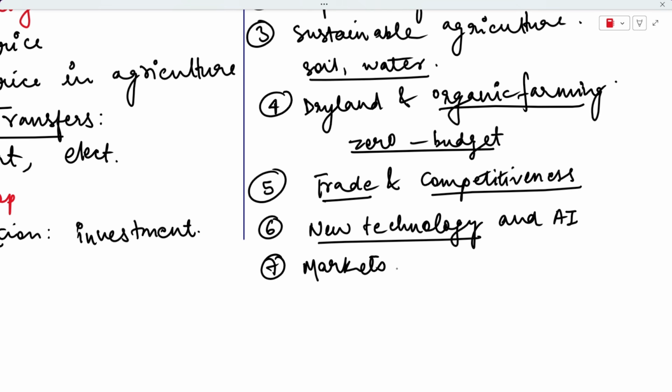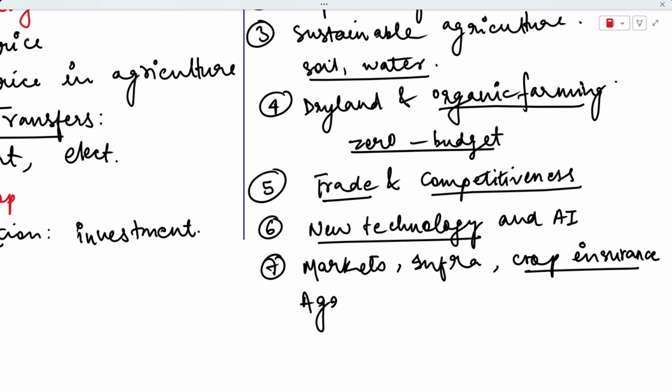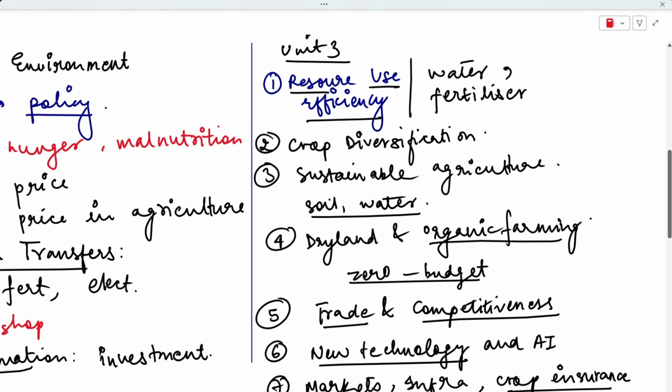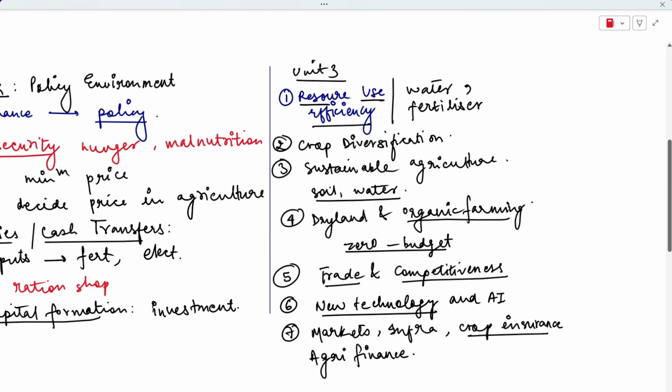We need to talk about infrastructure, right? Then we need to talk about crop insurance, which is important. What is the meaning of crop insurance? Are farmers protected against their losses? And lastly, we need to talk about what is agricultural finance. So these are the topics, these are the current issues as well, that we need to discuss going ahead in unit 3, as you can see.